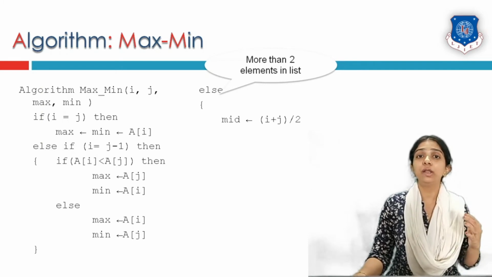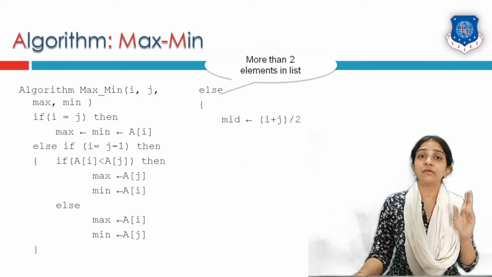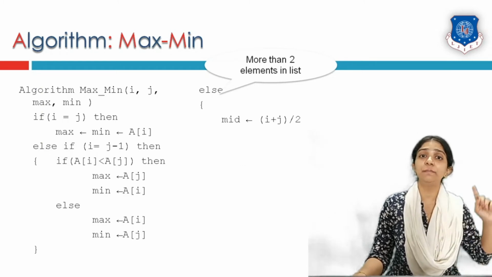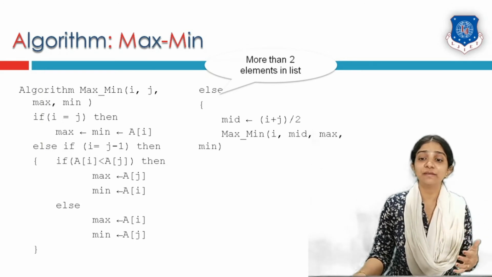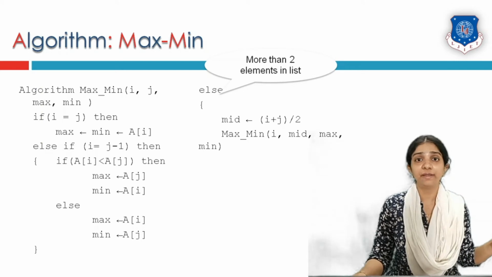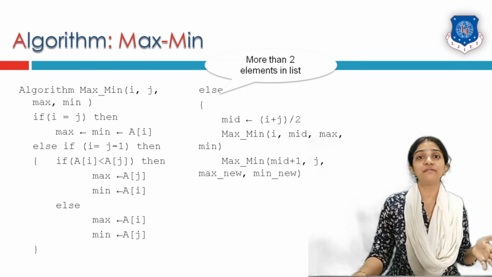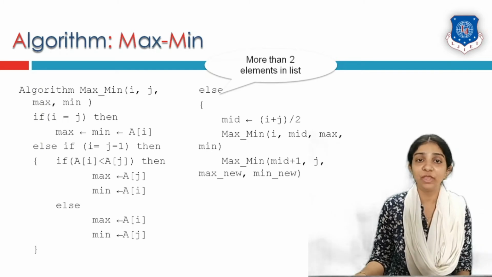And we will call this max-min algorithm recursively 2 times, that is from start to mid and from mid plus 1 to high. So that is called as max-min from i to mid for max and min, and max-min is also called from mid plus 1 to j for max new and min new.